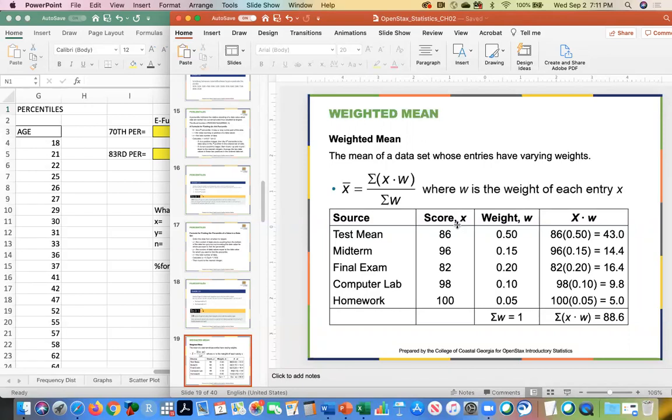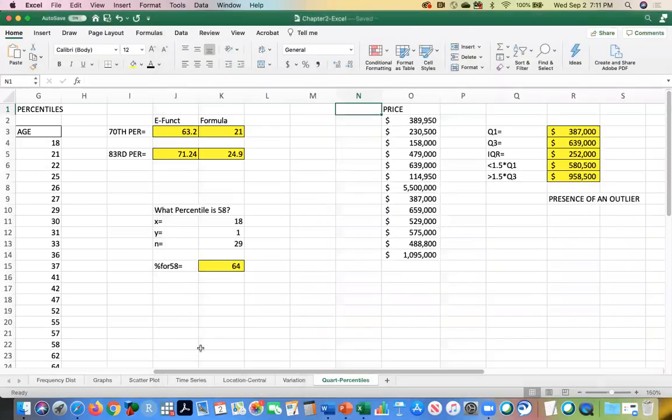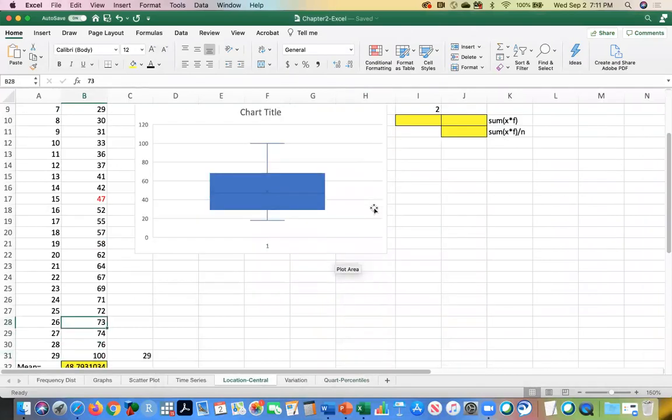So weights are, for example, 50% for the test, 15% for the midterm, final 20%, and so forth, right? So I'm gonna give you a grade, multiply it by the weight, and then add all these things, and that is gonna be your weighted mean. Did I make this case here? I guess, yes, I did. So we can do it in Excel very easily.